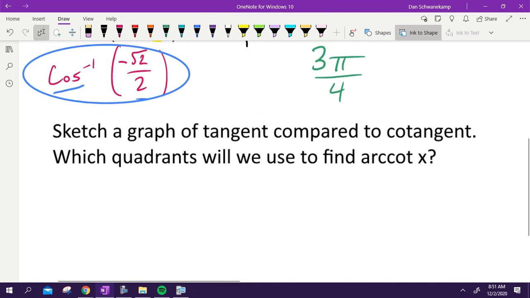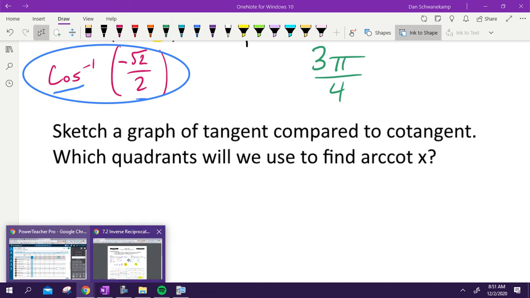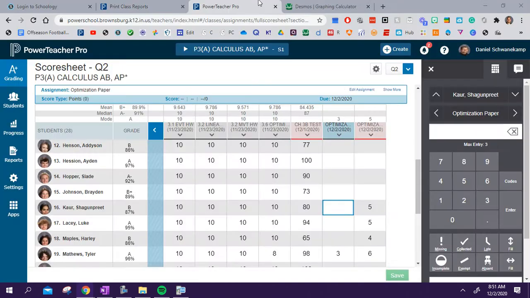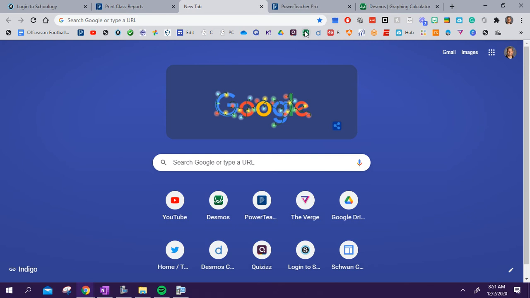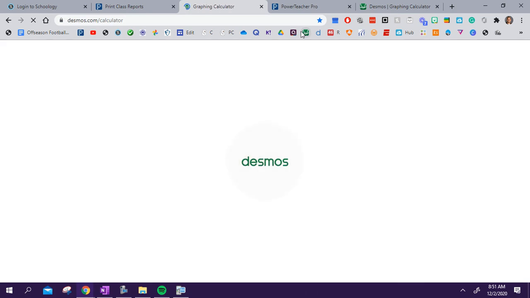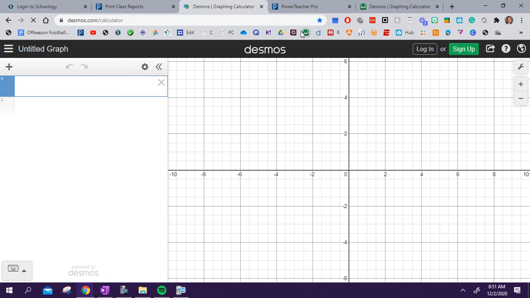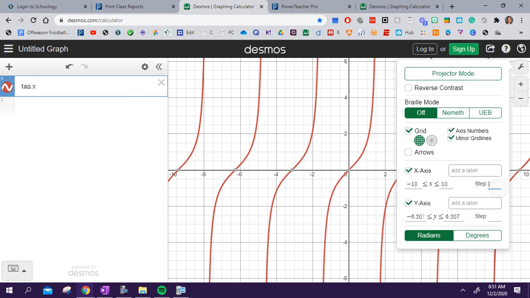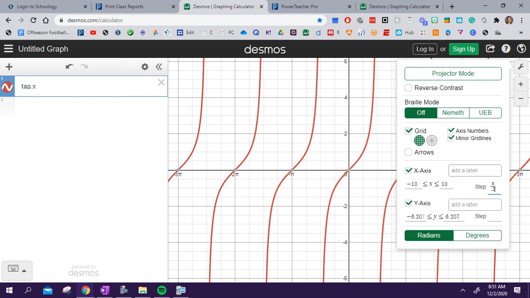Sketch a graph of tangent compared to cotangent. Okay, so I'm going to cheat here. I'm going to use Desmos just to save us some time, since my graphs are ugly. So if I graph tangent x, I'm going to change the scale to pi over 2.